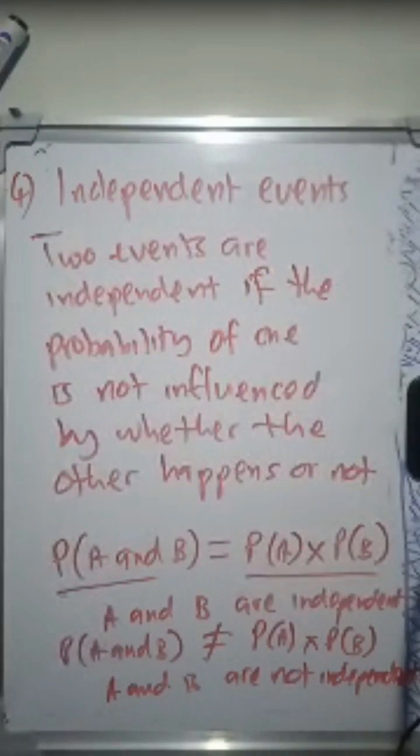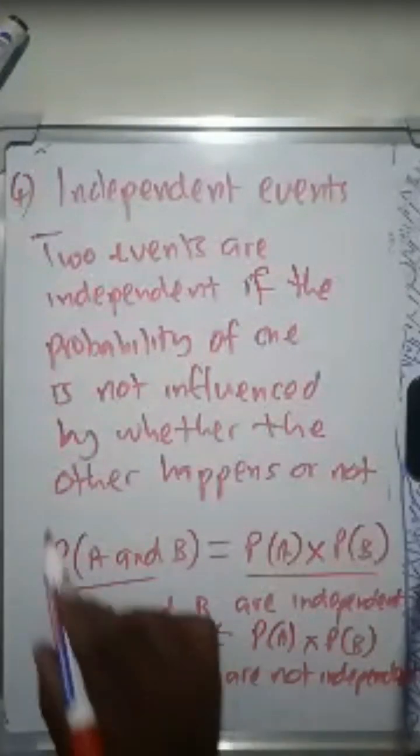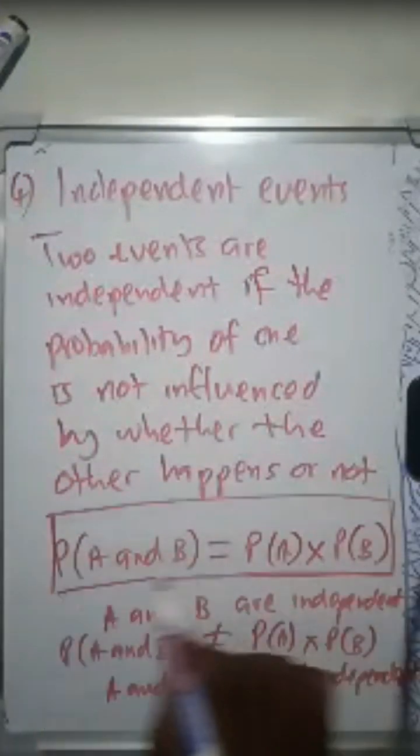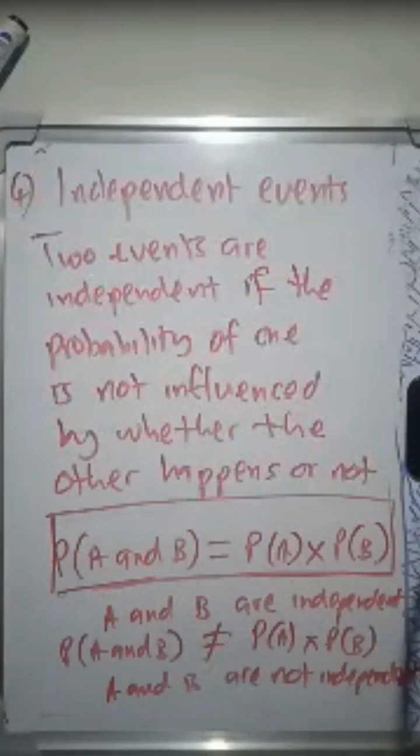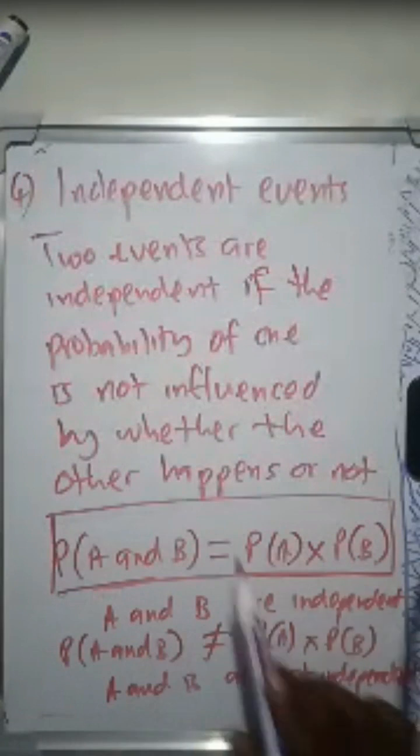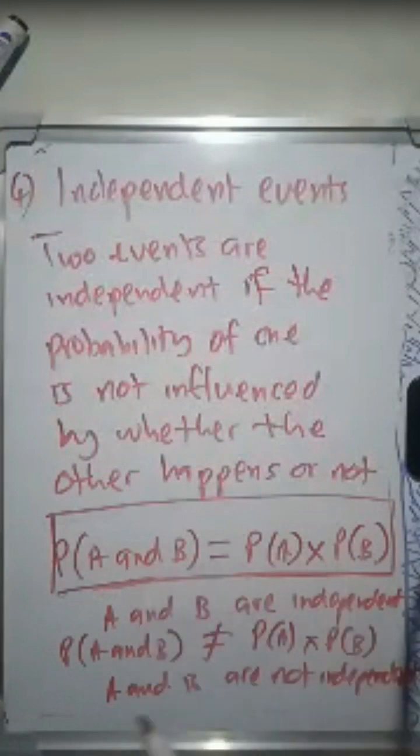Okay? So these are independent events. That is how we get independent. We use this one for independent events. This is very, very important. In the interpretation, A and B are independent if this one and this one are equal. If the intersection is not equal to the product of their probabilities, then A and B are not independent. Okay? That is very, very important.